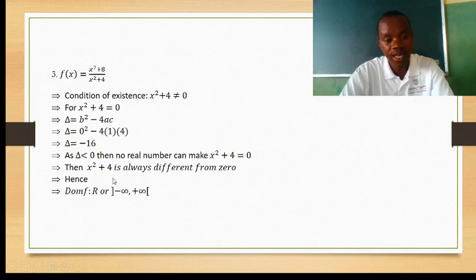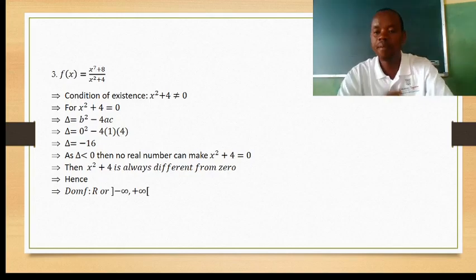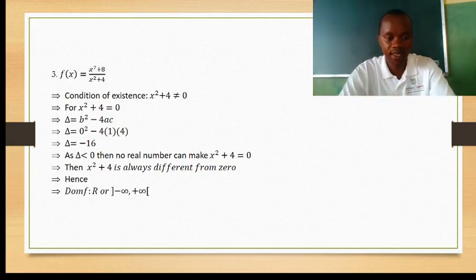In this case also, it means that no real number can make x squared plus 4 equal to 0. It means that x squared plus 4 is always different from 0 for any real number assigned to x, so the domain of definition will be all real numbers except nothing, meaning all real numbers, or from minus infinity up to positive infinity.